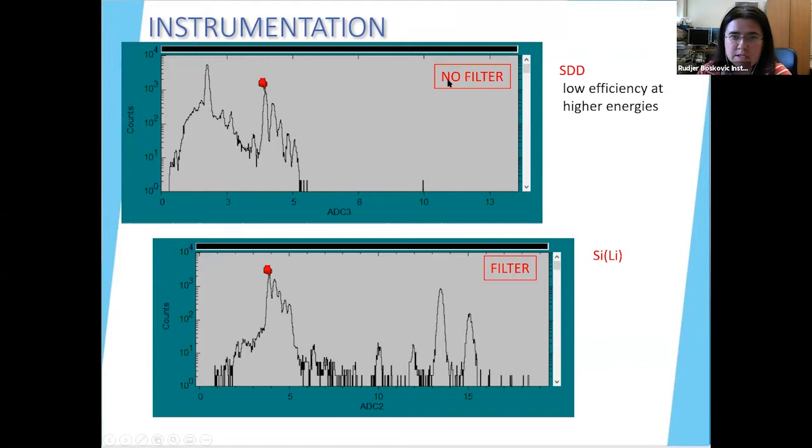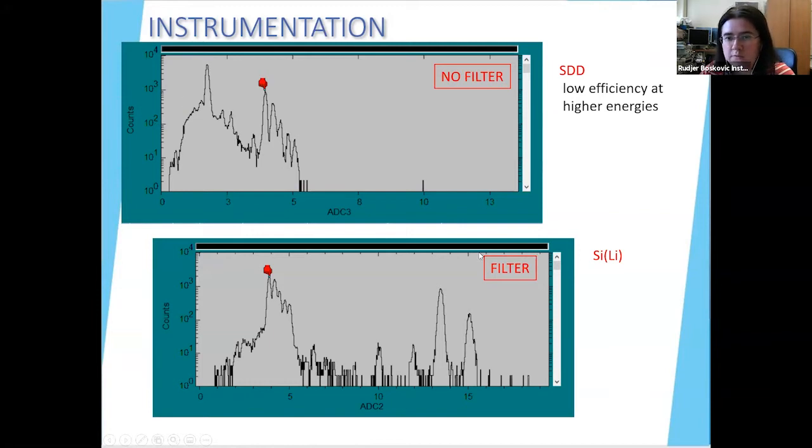For example, this is one example of a spectrum detected with an SDD detector, which has low efficiency at high energies. As you can see here in this region, you basically don't detect anything. But this doesn't have a filter in front, so you can see also these lower energy X-rays.